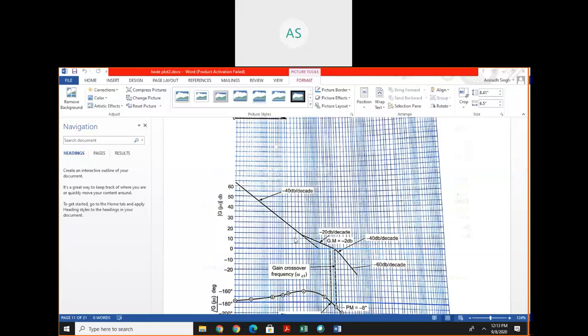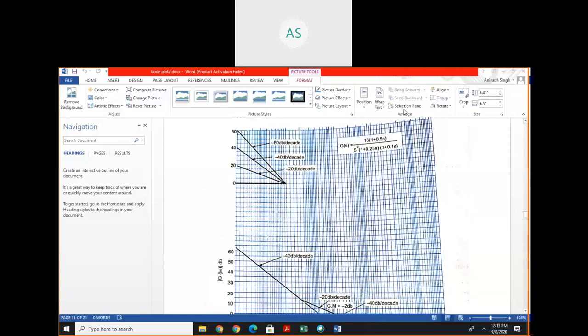So at 2 radians per second, the zero is activated. So the slope of this line changes from minus 40 to minus 20 dB per decade, and at the second corner frequency, which is 8 radians per second, one pole is added.